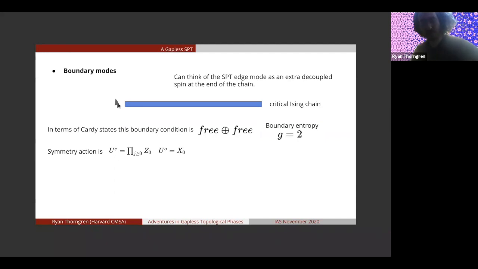And the fact that this was an SPT edge mode tells us that the symmetry action on it has to be projective. So the remaining symmetry operators, once we've projected into this space, are the usual product of all the z's now. So here now there's only one z, right? So this is just some spin chain where the 0th spin is this extra spin.